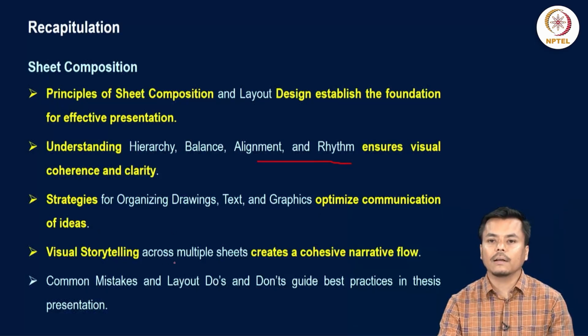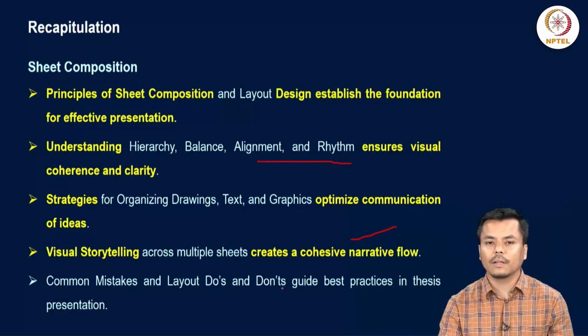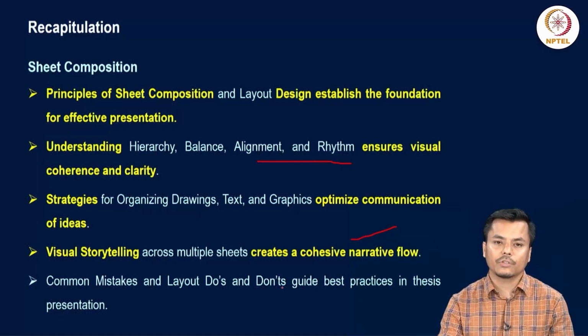Visual storytelling across multiple sheets creates a cohesive narrative within the design that we have completed. Some common mistakes and layout do's and don'ts were also presented in the previous discussion, so that you do not repeat these mistakes in your sheets when you prepare them for architectural thesis submission.